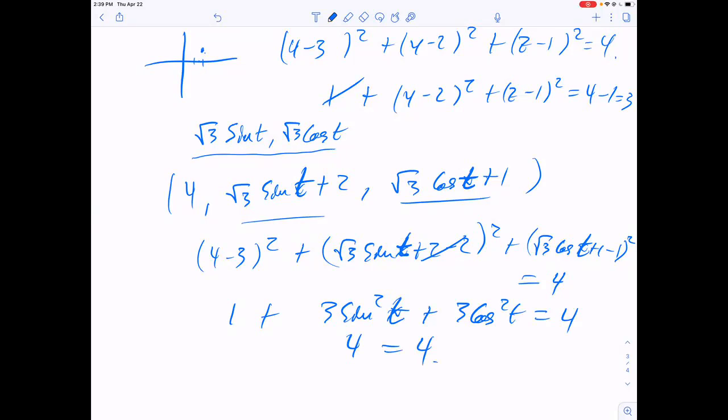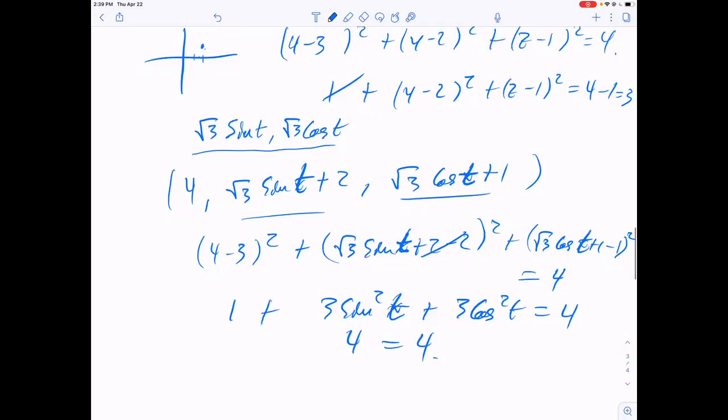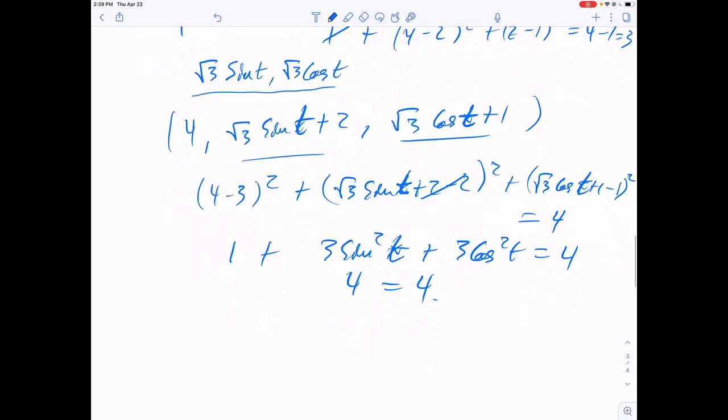Are people happy with that, or do people have questions? I hear crickets. Okay, I guess everyone understands perfectly then. Great, how did I get 4 on the left? So sine squared plus cosine squared is equal to 1.